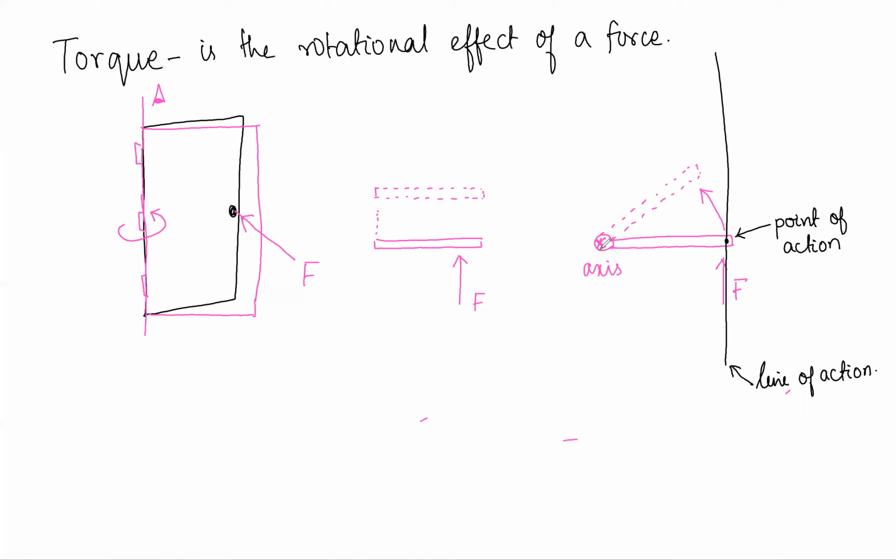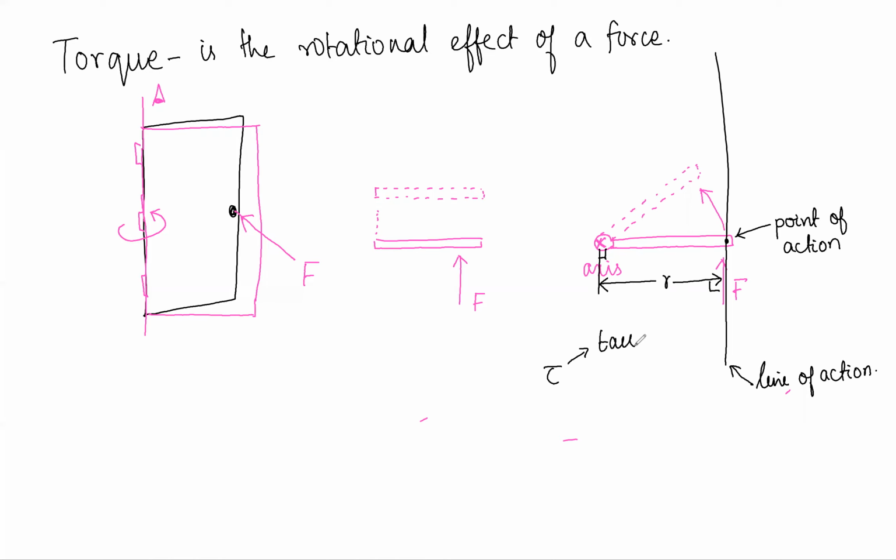And there is this axis. So there is a distance from the axis to the line of action. This distance is perpendicular to both the axis as well as to the line of action. We'll talk about this a lot when we solve problems. Like I told you, torque depends on two things. The symbol of torque is tau.